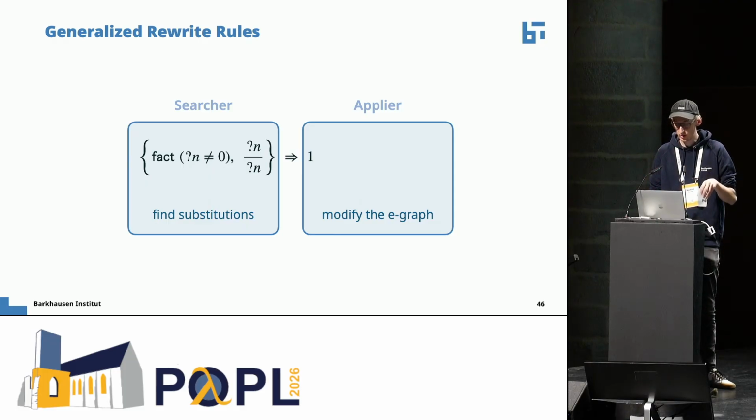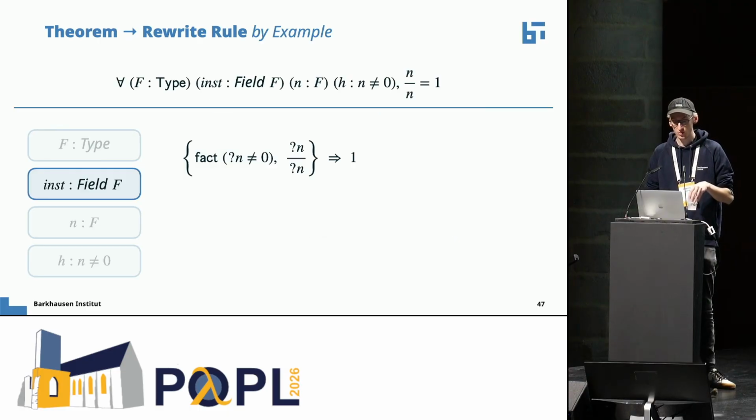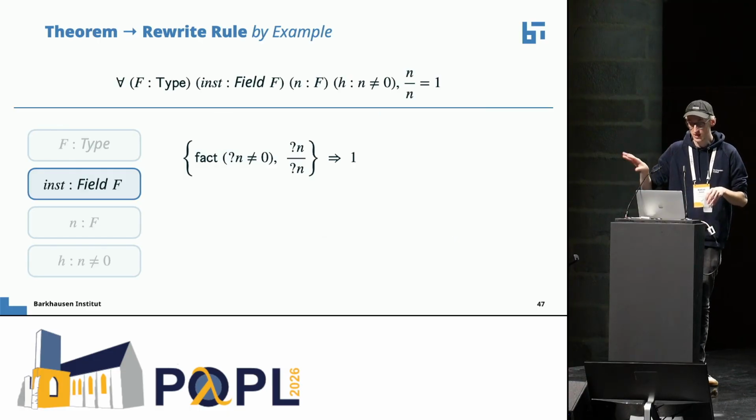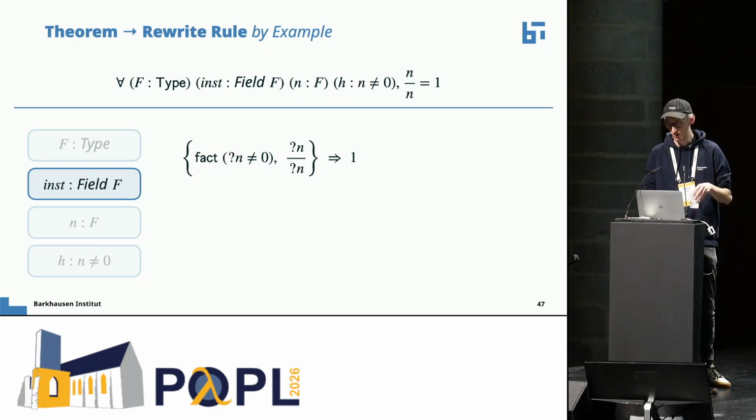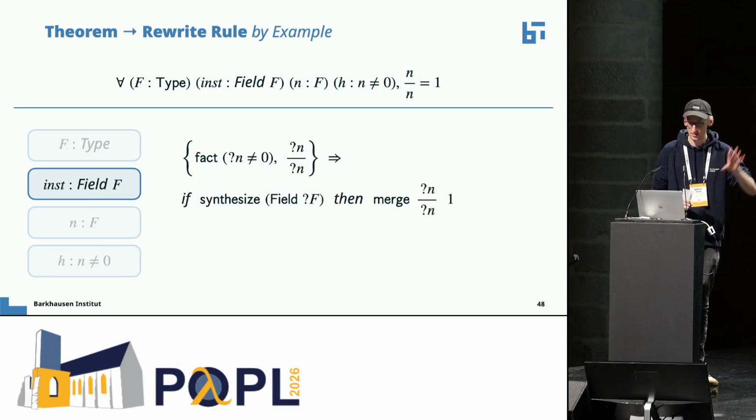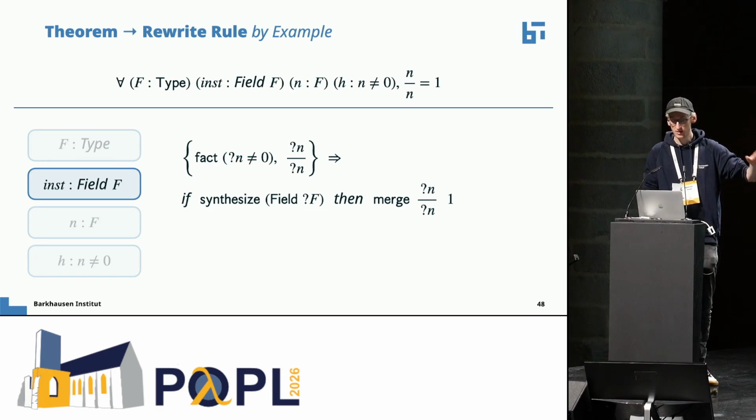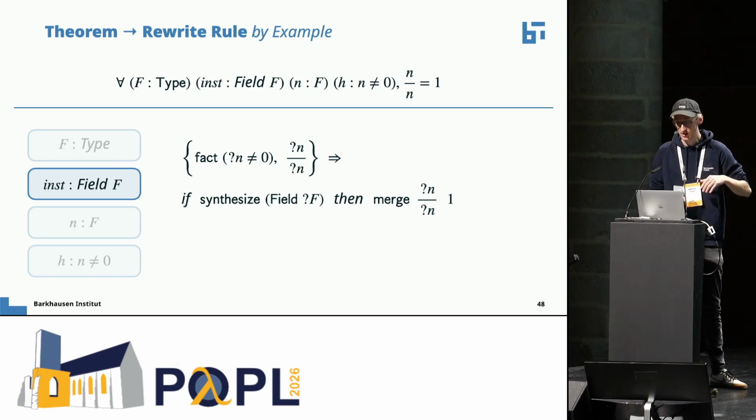So what we are going to do is change the applier such that it runs type class synthesis and only proceeds if that was actually successful. So going back to our example, we're going to change the right-hand side to a bit of pseudocode here, which states that if the left-hand side of the rewrite rule matched, then run the right-hand side, which checks if in Lean field of f can be synthesized.